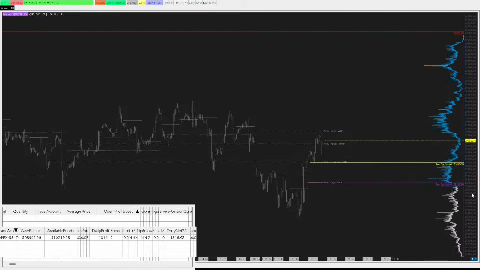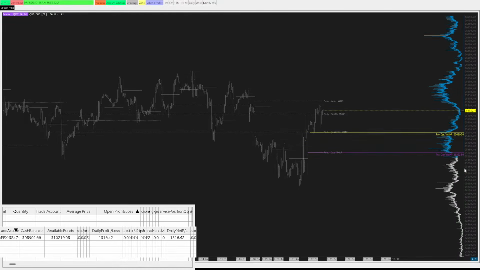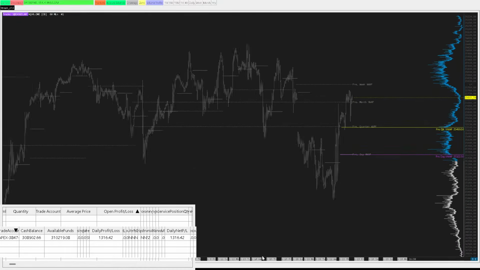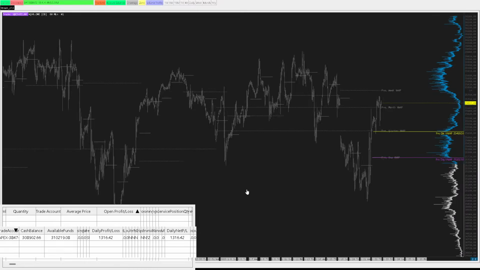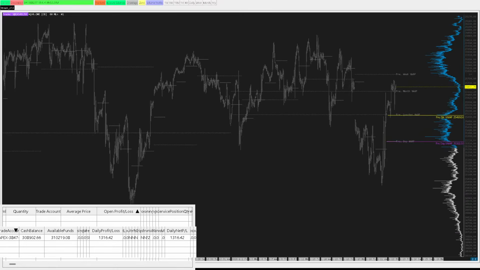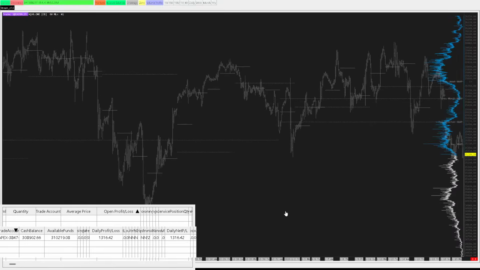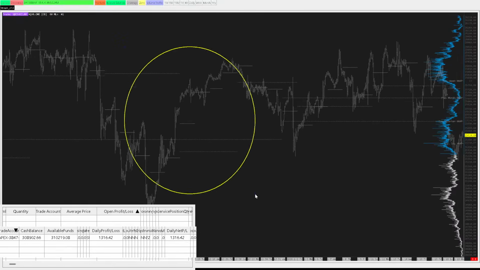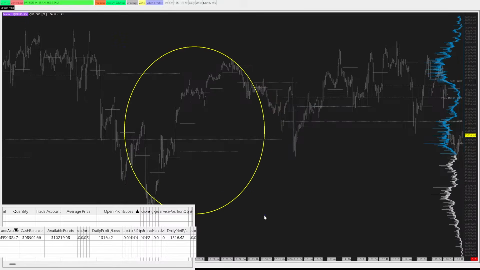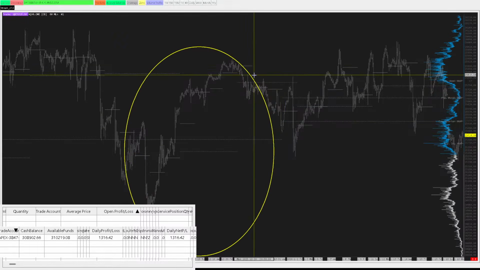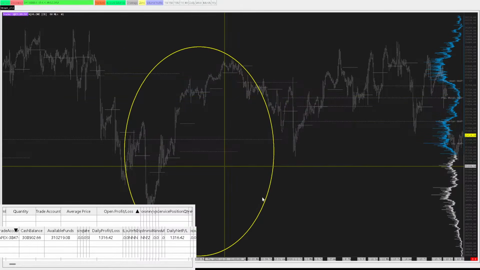But I like the bars because they just give me an element of detail. And then if I want something specific, like, for example, let's take a look at this leg. I'll answer your guys' question here.